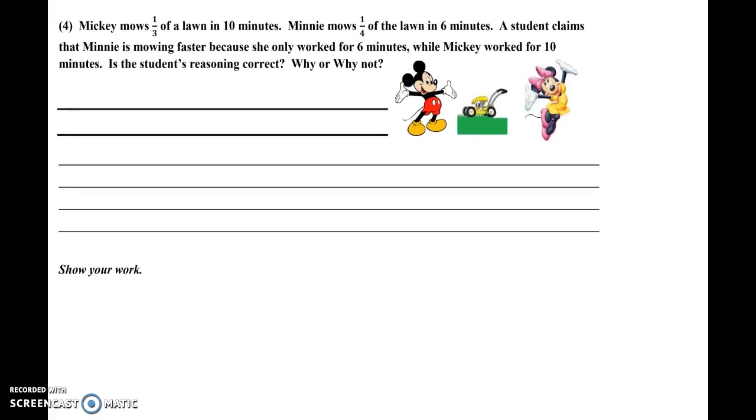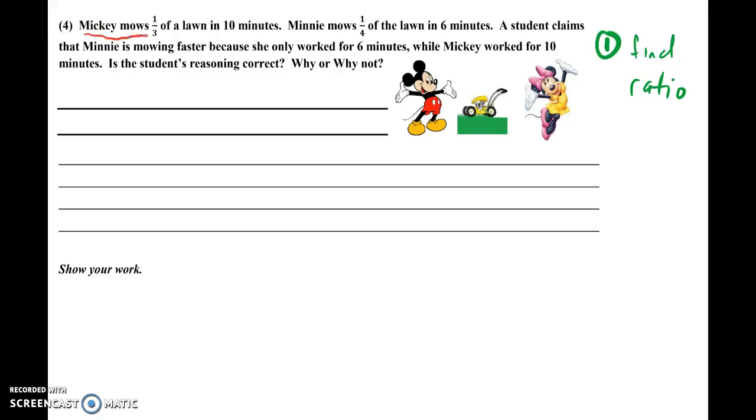Alright, so let me write that on the side. So 1, find a ratio. In this example, we have Mickey mows 1/3 of a lawn in 10 minutes.